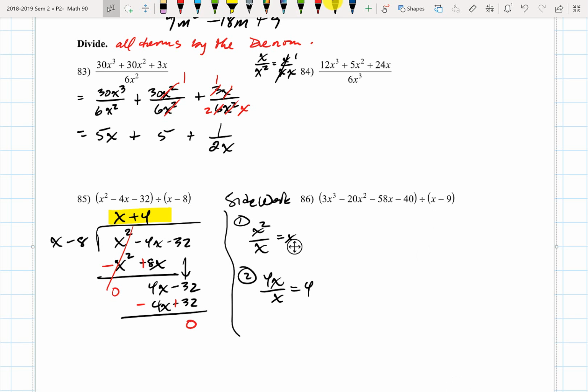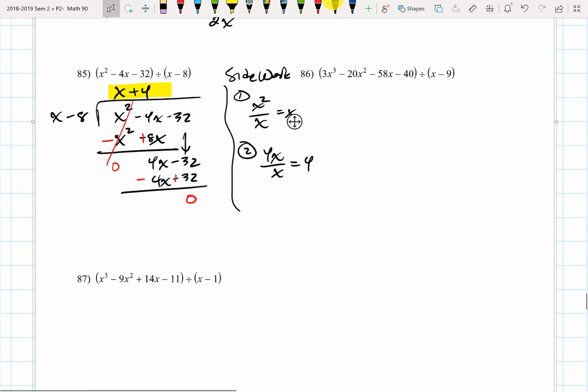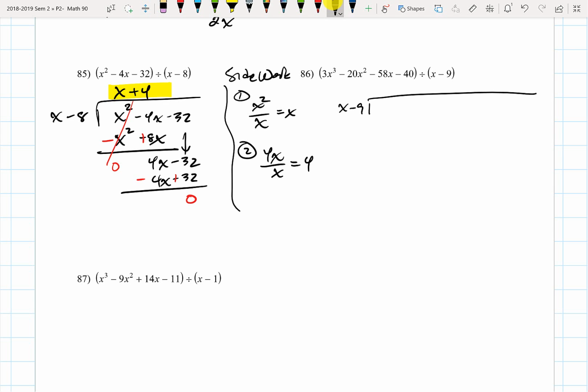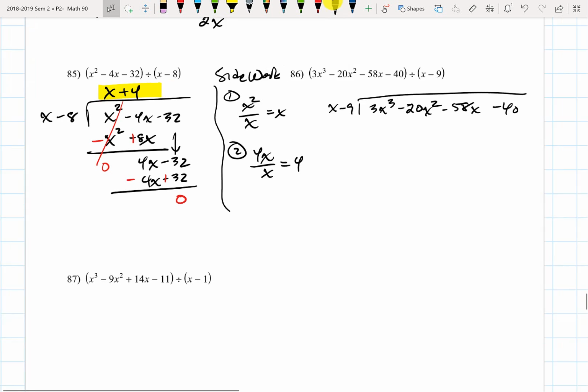Now this one here, same idea, but you have a cubic. So I'll do one more just because it's a review video. So we're going to take this cubic polynomial, 3x cubed minus 20x squared minus 58x minus 40, and we're going to divide.